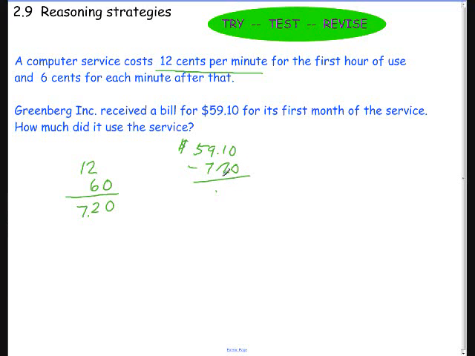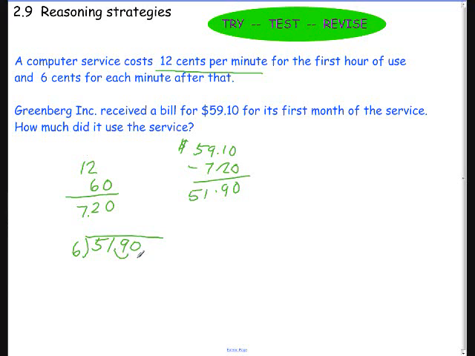That would leave all the rest of it at 6 cents a minute. So what would this be? 0, 9. So 51.90. I'll take 51.90 and I'll divide it by 0.06. Well, I'll do this.